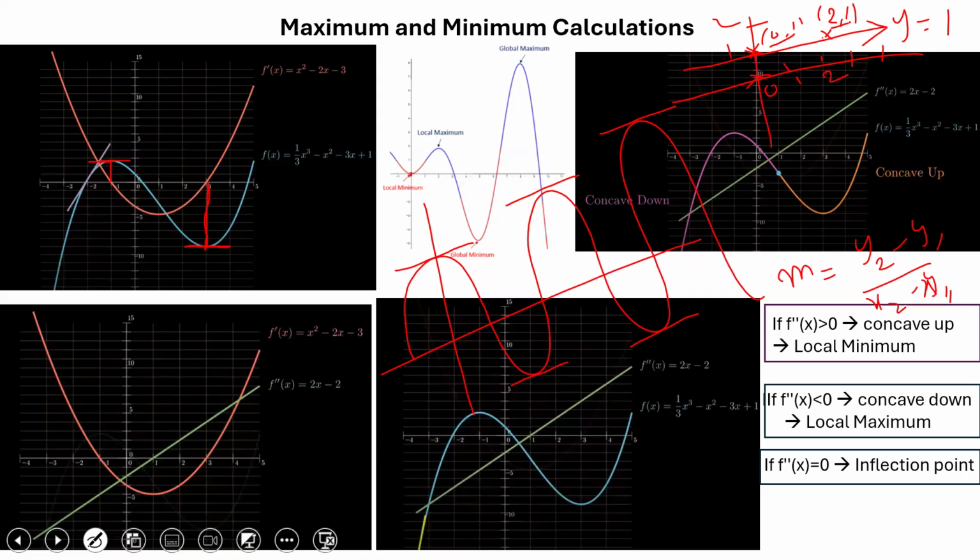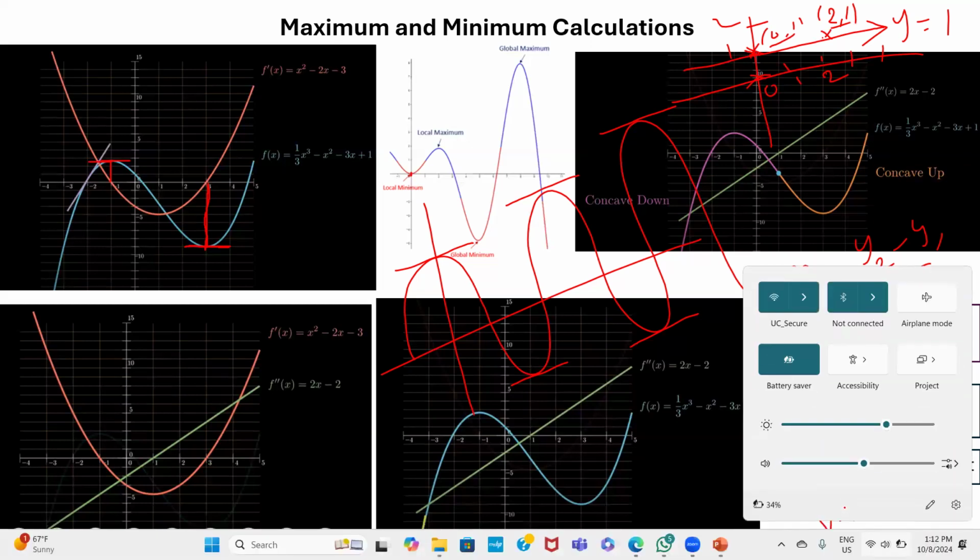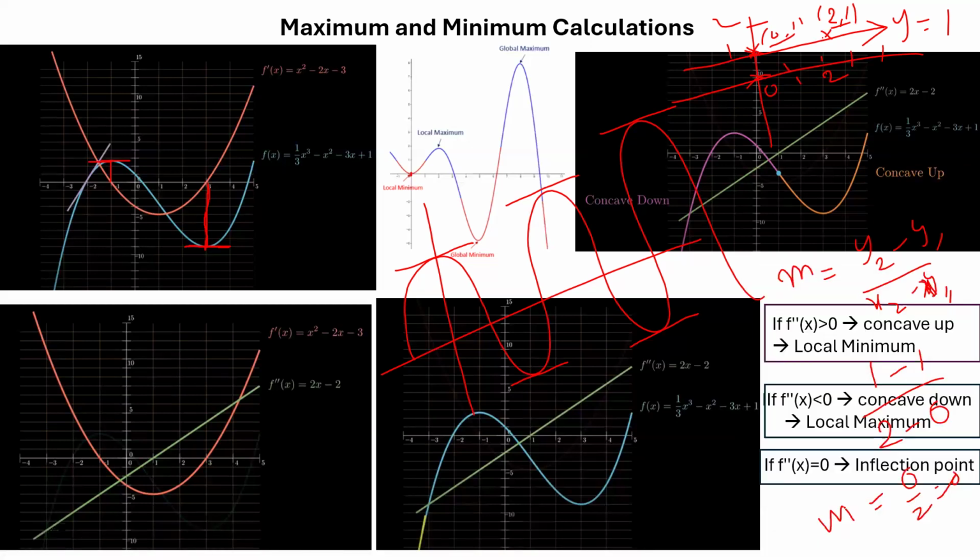So y2 is 1 minus y1 is 1, by x2 is 2 minus x1 is 0. So 0 by 2 is 0. So slope is equal to 0. Is that clear now? So any line parallel to the x-axis will have slope equal to 0.